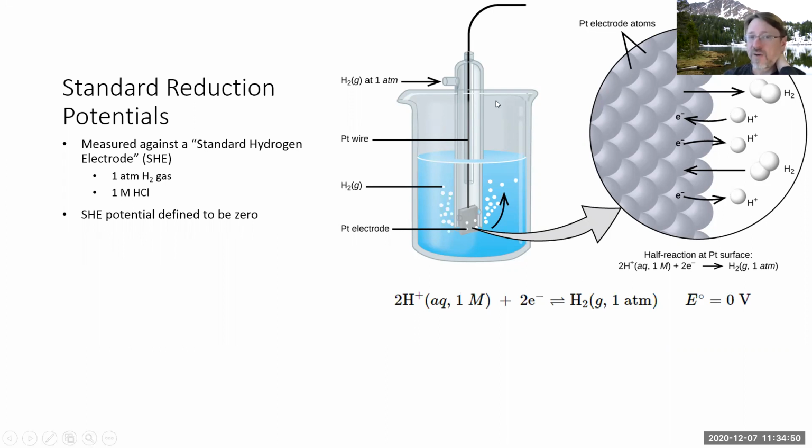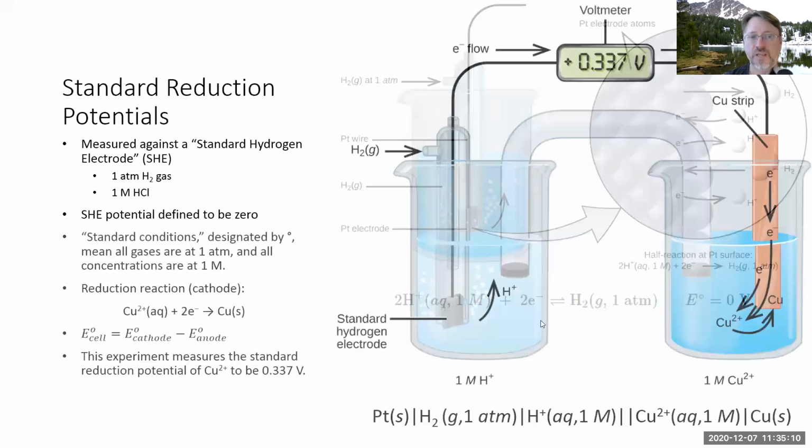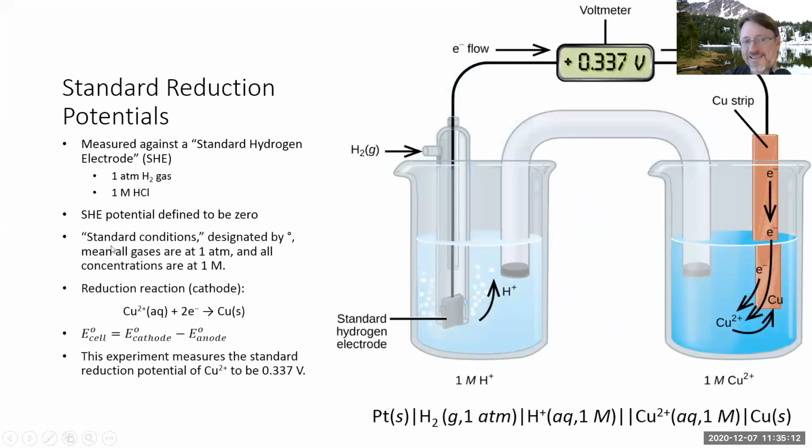So by defining this as our standard hydrogen electrode, then all of the other half cells that we attach to this, when we measure the voltage across it, that becomes our measurement of the voltage of the other half cell. So we designate these standard conditions, where all gases are at 1 atmosphere and all concentrations are at 1 molar, by the little degree symbol that you see here.